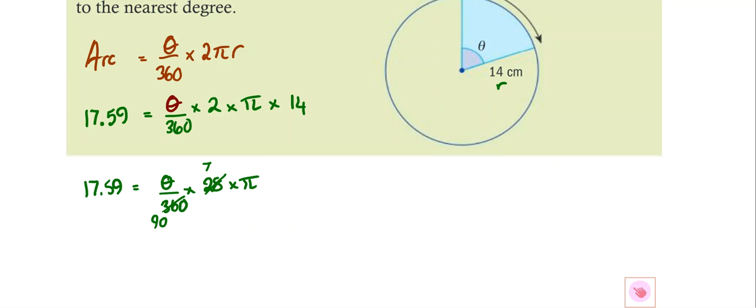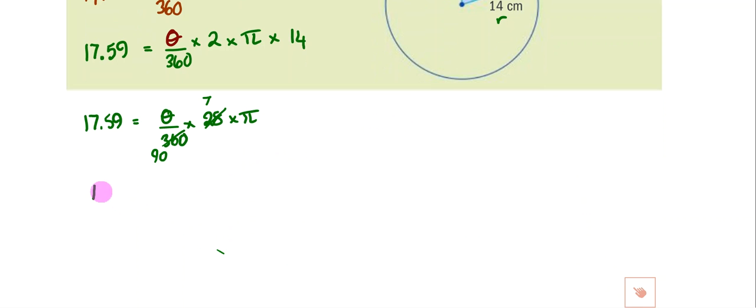So at the moment, writing down, I've got 17.59 equals theta over 90 times 7 pi. So we've just simplified a little bit. It's not majorly, the numbers are slightly lower. What do we do now, though? Why is there not going to be any subtraction? When do you subtract?